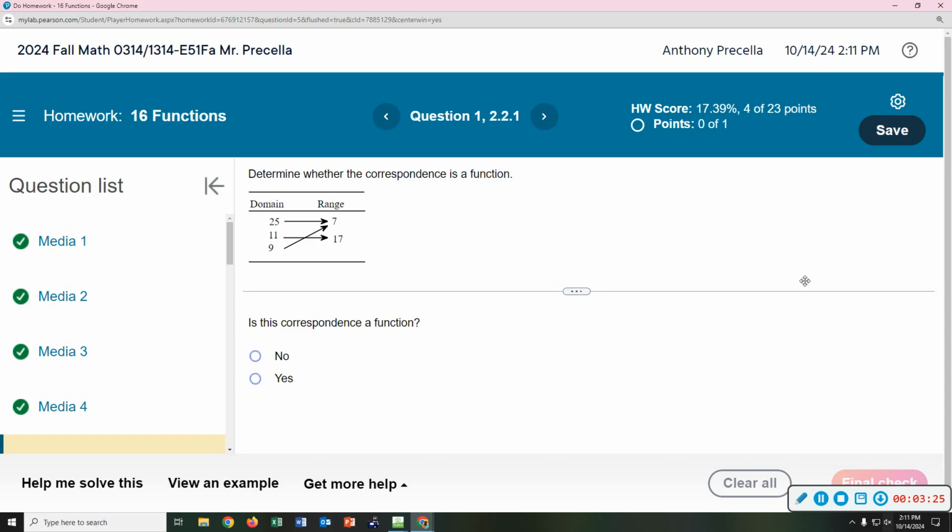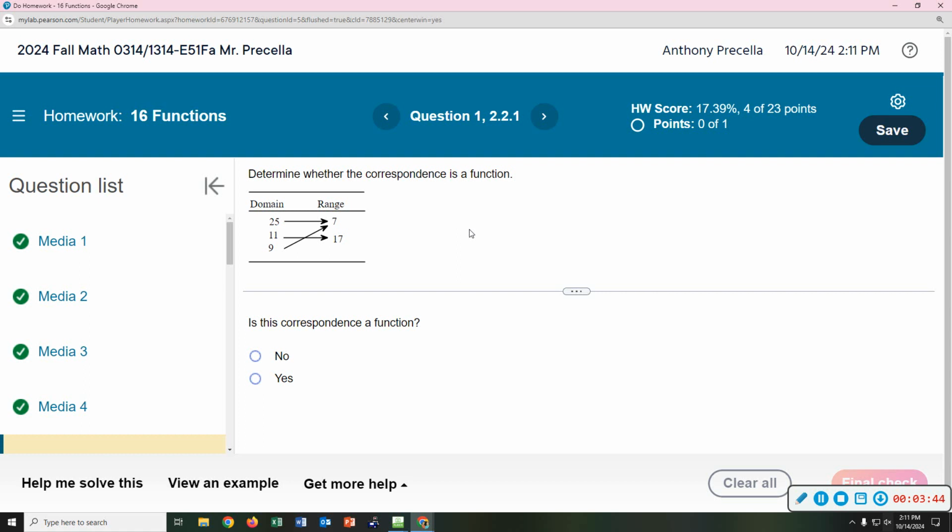We know it's an x value because it's labeled domain. Is being assigned 17. And 9 is being assigned 7.